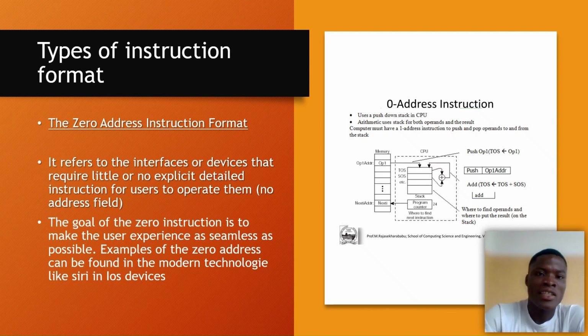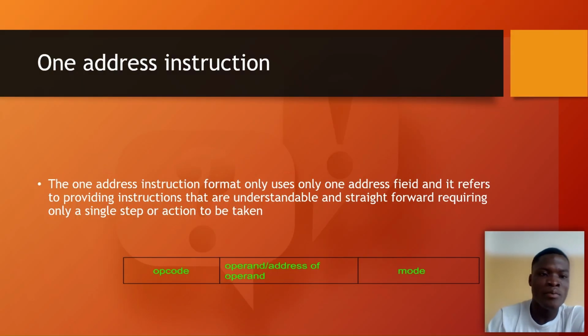The second type of instruction format is the one address instruction format. In this type, there is only one address field, and it refers to providing instructions that are understandable and straightforward, requiring only a single step or action to be taken.